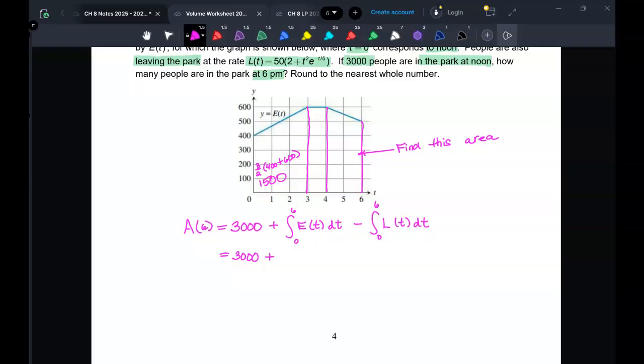This next one is just 1 times 600, so that's 600. And this will be 2 over 2, base 1 plus base 2, so 1,100. Add those all together: 1,500 plus 600 is 2,100, plus 1,100 is 3,200.